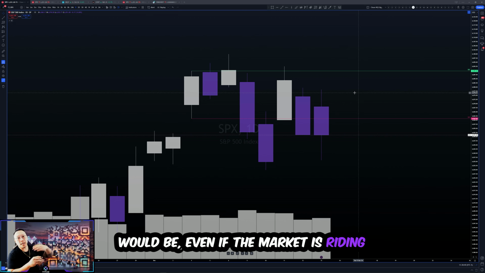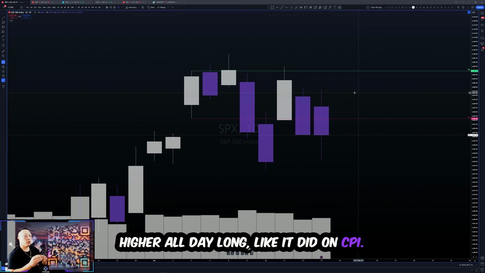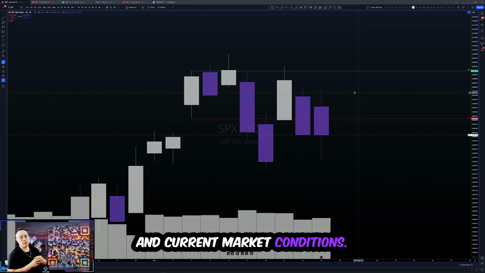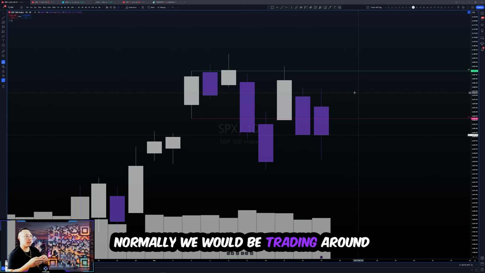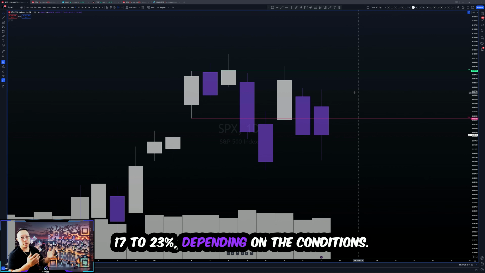Even if the market is riding higher all day long like it did on CPI, your RR on puts will pay much more simply due to the mechanics and current market conditions. IV coming into the week, and I told you guys this, IV coming into the week was trading around 10 to 12%. Normally, we would be trading around 17 to 23% depending on the conditions.